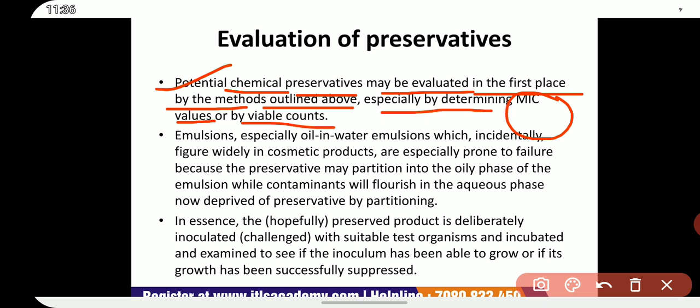As we have studied the RW and CM tests and also the KS test in our previous lecture, these RW, CM and KS tests have no relevance in preservative evaluation. It should be recalled that formula ingredients may reduce the efficiency of a preservative which has shown up well in conventional tests using culture media as the suspending fluid.